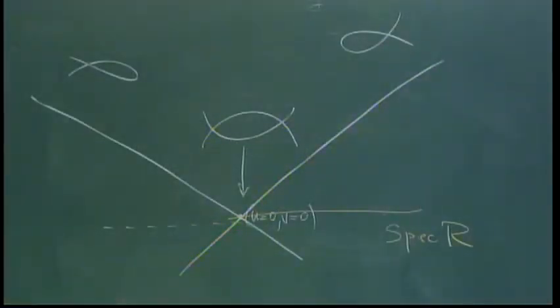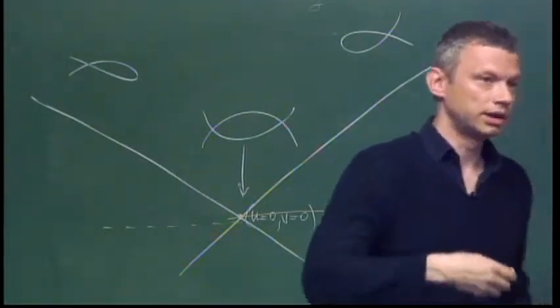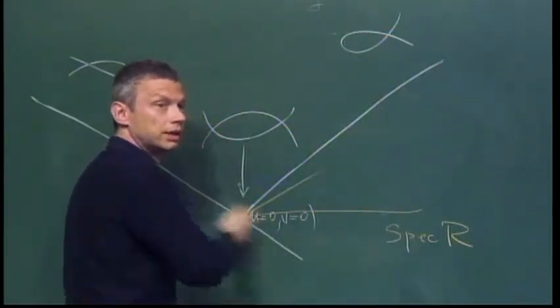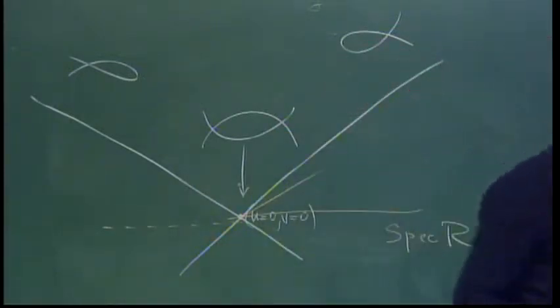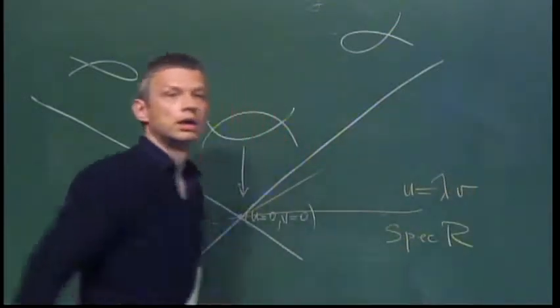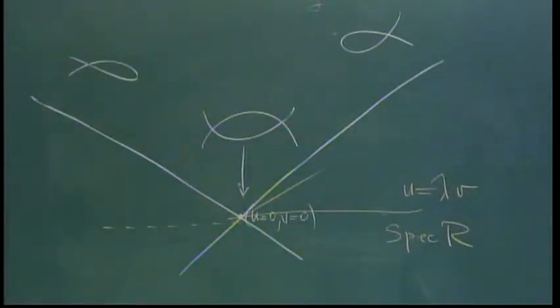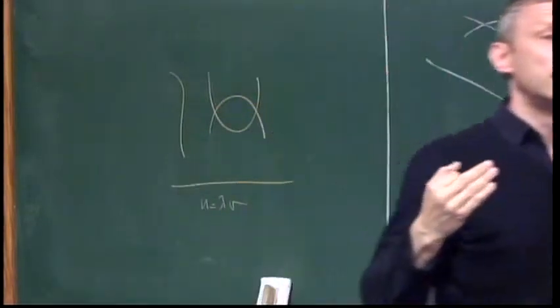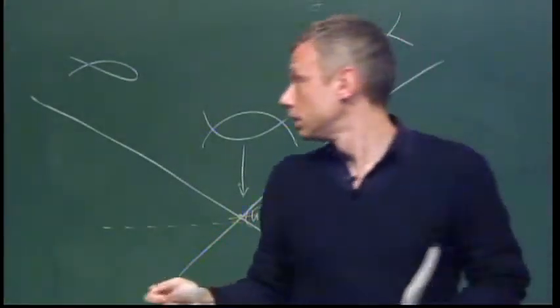People call this a trait in French, which is a good word, I think, because it means stroke, right? The brush stroke. So here we are looking at all the brush strokes that we can have to hit the origin. The ones I'm mentioning here are all of the form u equals lambda v. And what you see if you restrict on this stroke u equals lambda v, well, you see again this curve. This is going to be a regular scheme here.